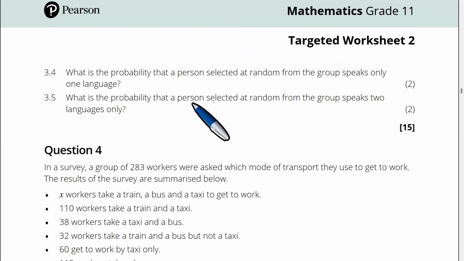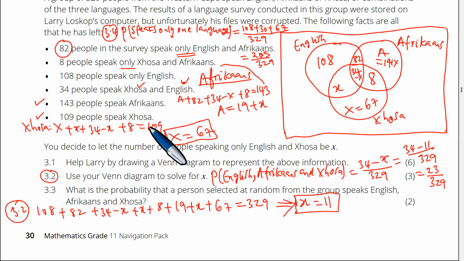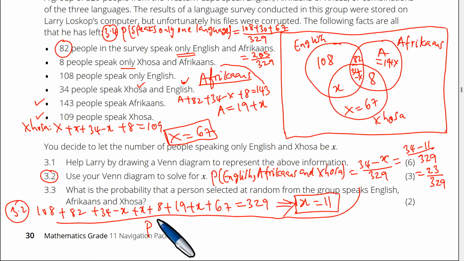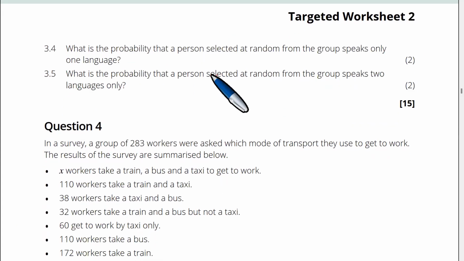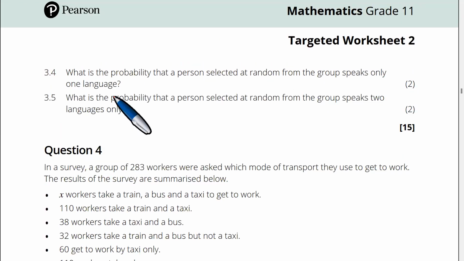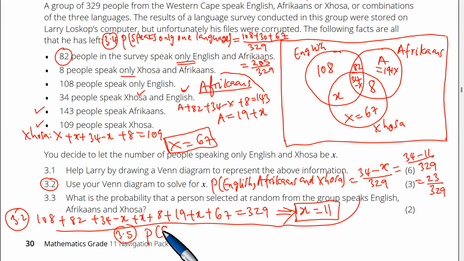What is the probability that the person selected at random from the group speaks 2 languages only? Let's think about this. We're looking at 3.5 now.